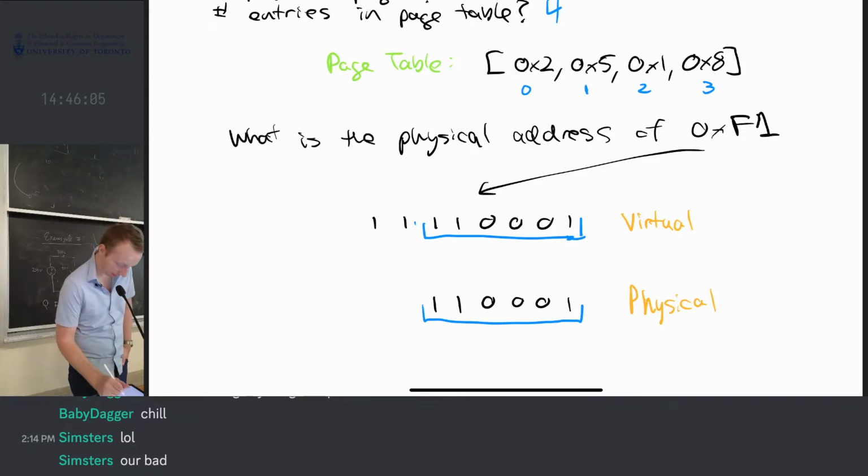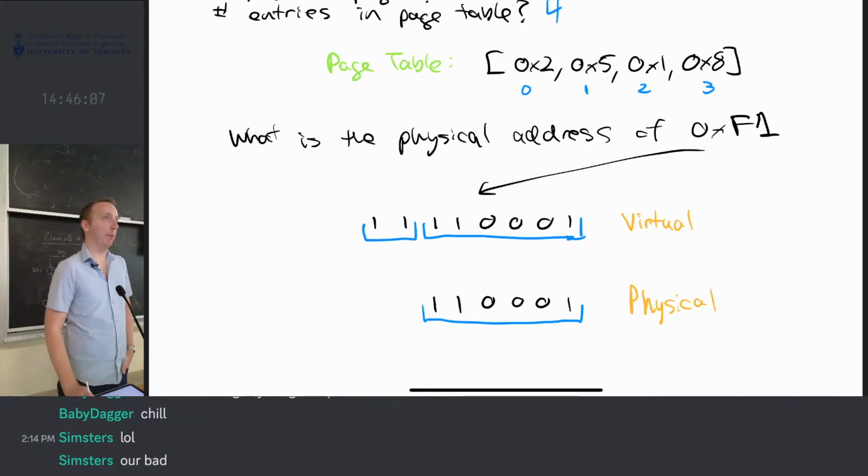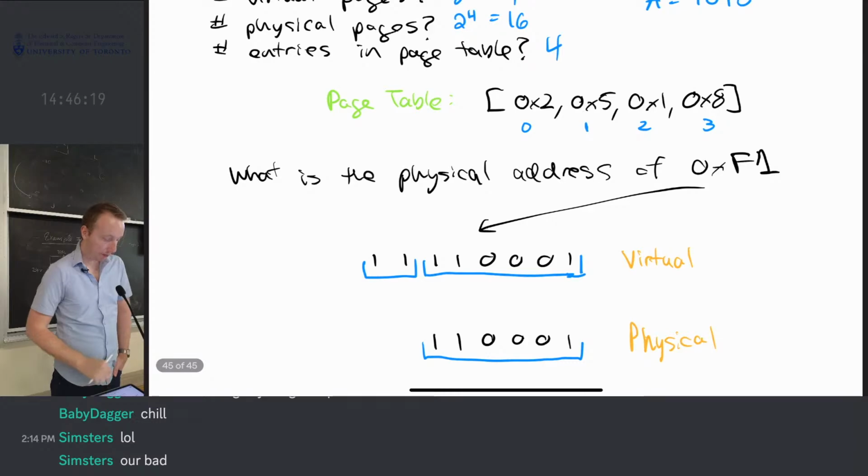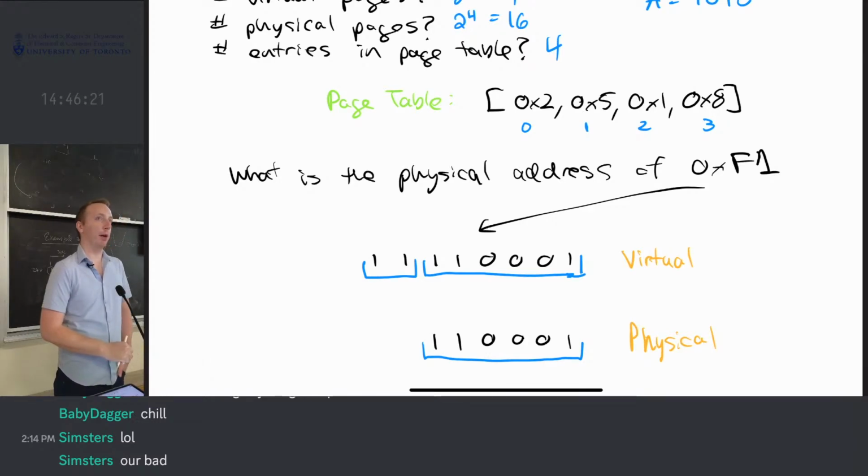Okay, well then this number should be the virtual page number. What is 11 in, let's say, decimal? 3, right? So if it's 3, which entry in the page table does that correspond to?